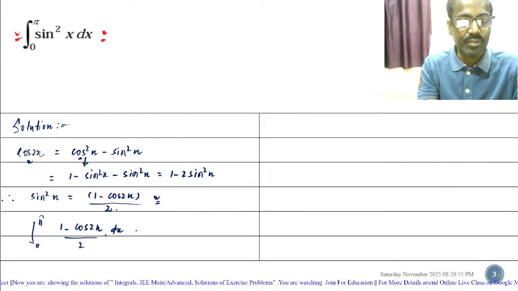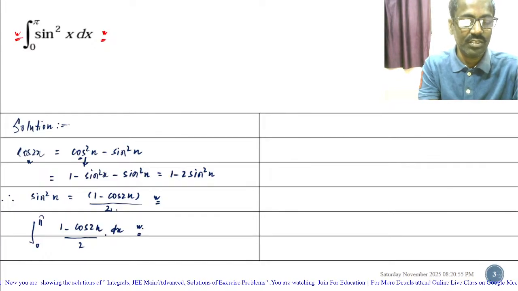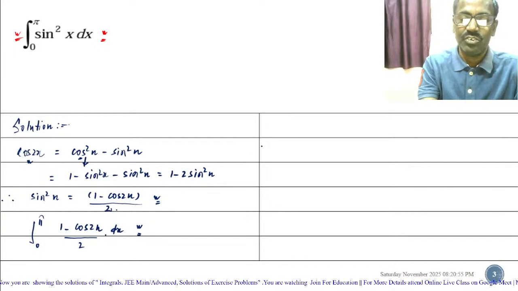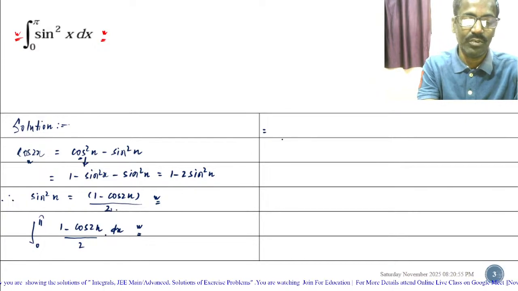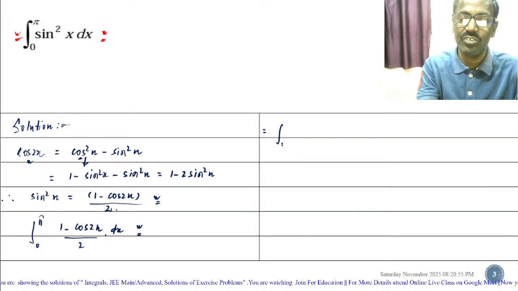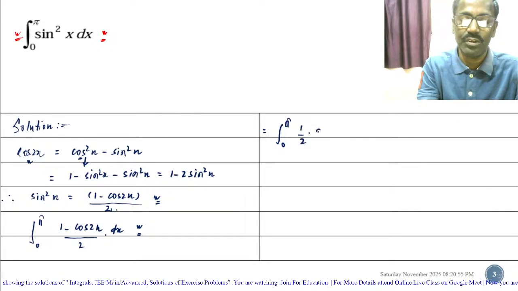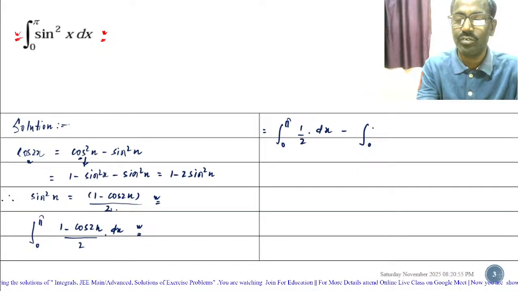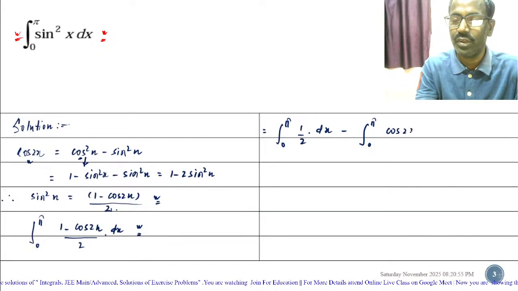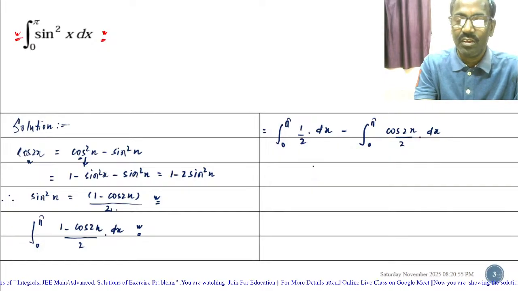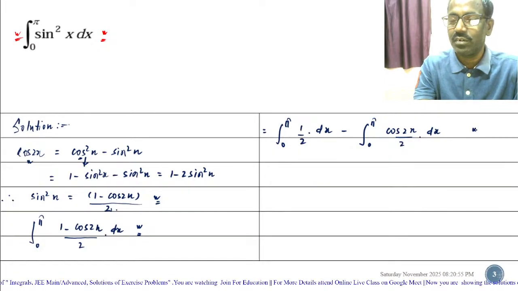So the next step here will be: we write down 0 to pi and 1 by 2 into dx, minus 0 to pi and cos 2x by 2 into dx. Hope that there is no problem understanding up to this step.